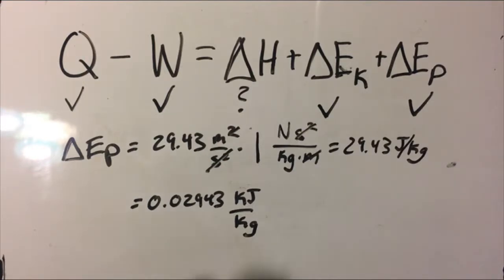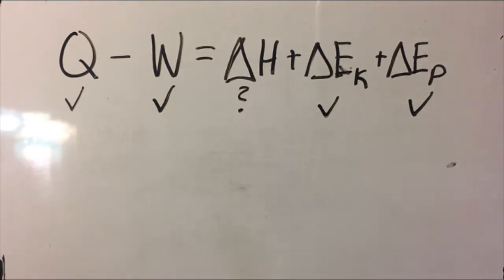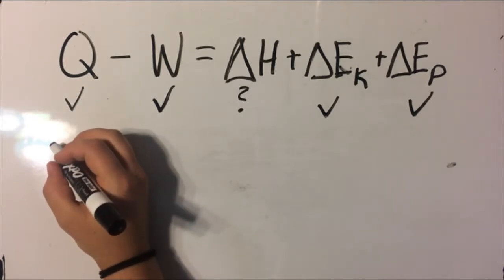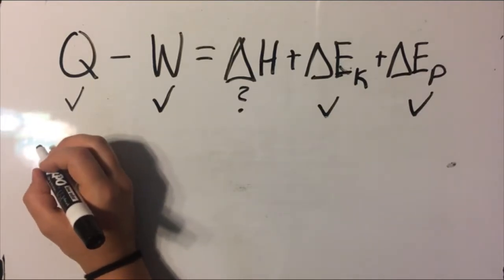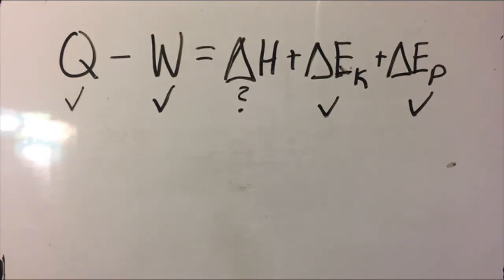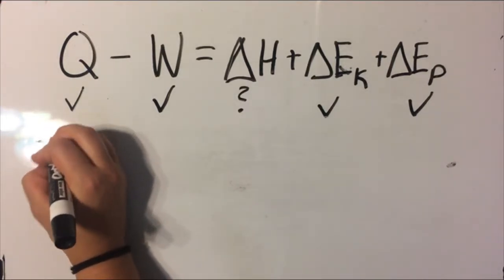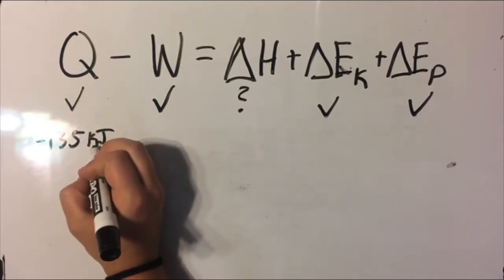So let's look back at our energy equation and see what values we have now. From our problem statement, we're given our Q. We know that we have heat losses, so it's going to be a negative 135 kilojoules per minute. That is our heat loss.